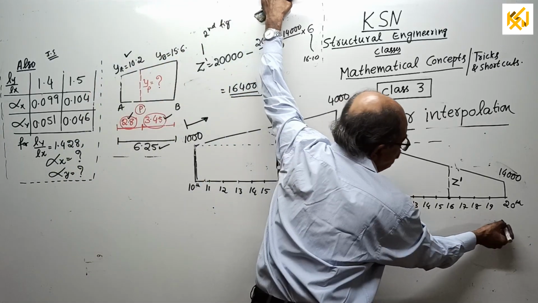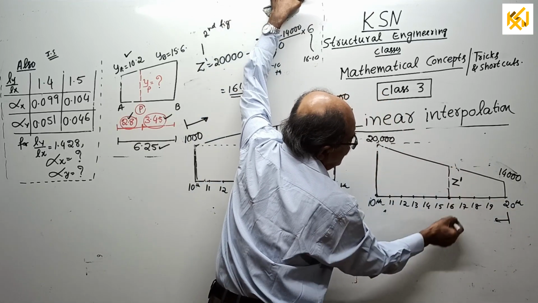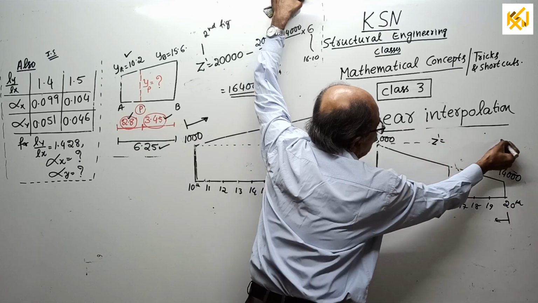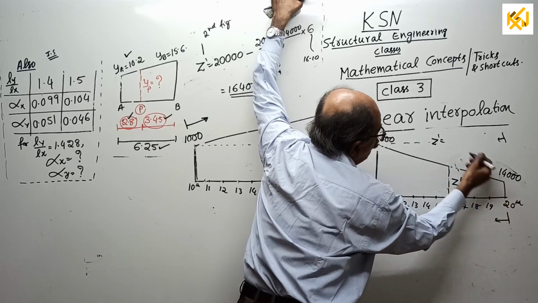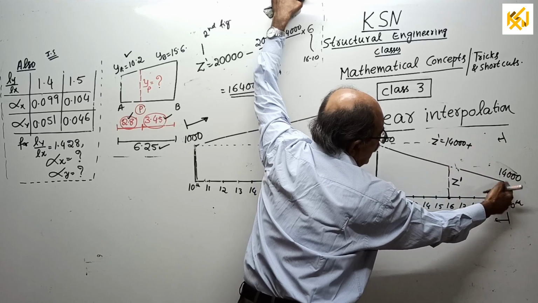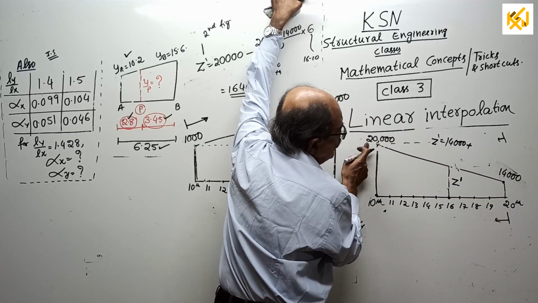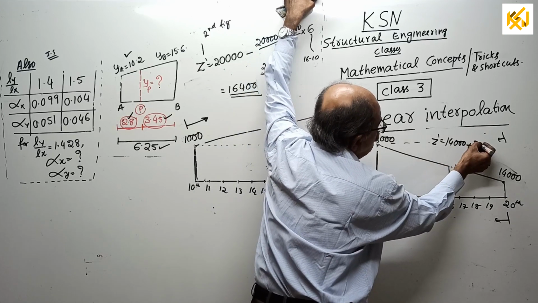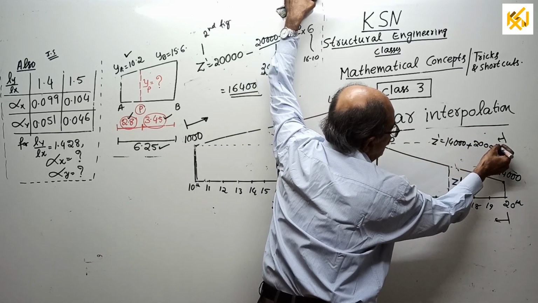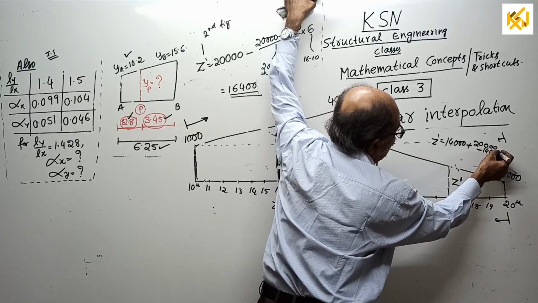See, if you start from this side, that is an increasing trend. I will write here now. The Z dash equals, if I start from here, 14,000. That is the original value. From here to here, it increases by how much? 20,000 minus 14,000, 6,000.